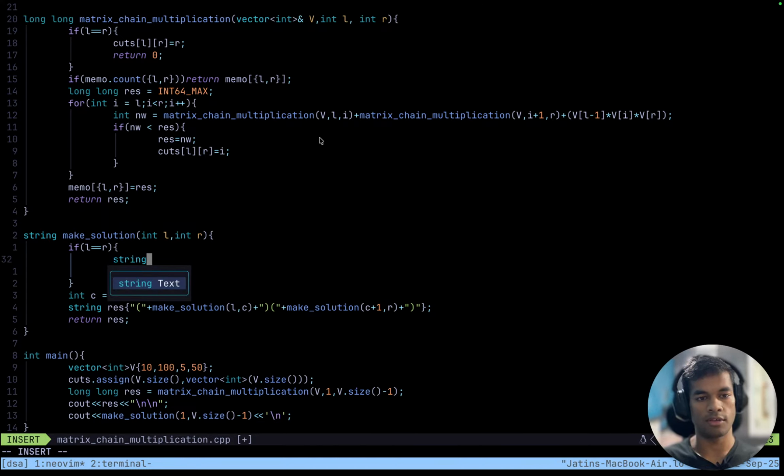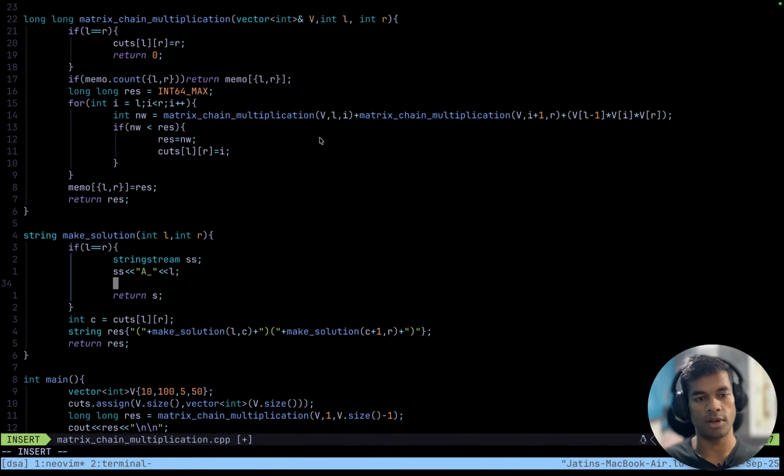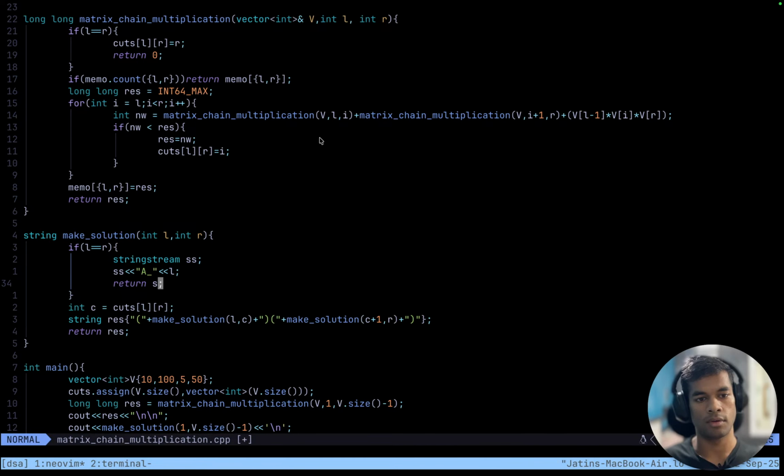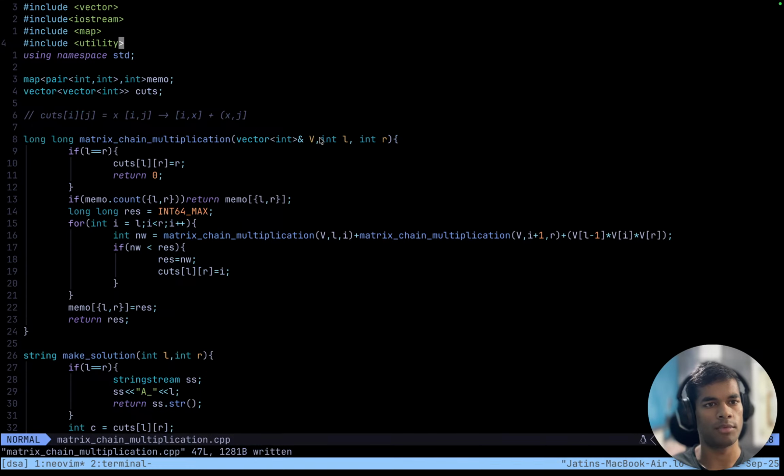So let's have a string stream SS, and we will say SS takes a underscore takes in L, and that is it. And we will have SS dot str. I think that is the function, but we also have to include the library.